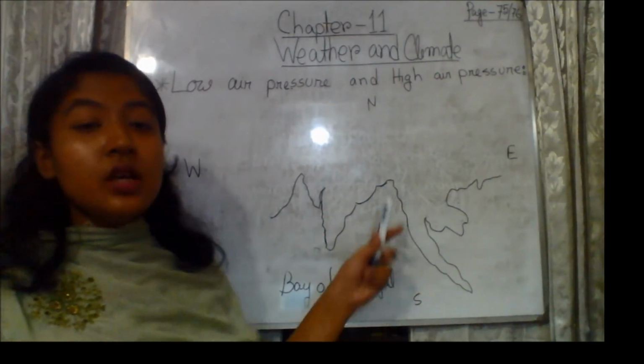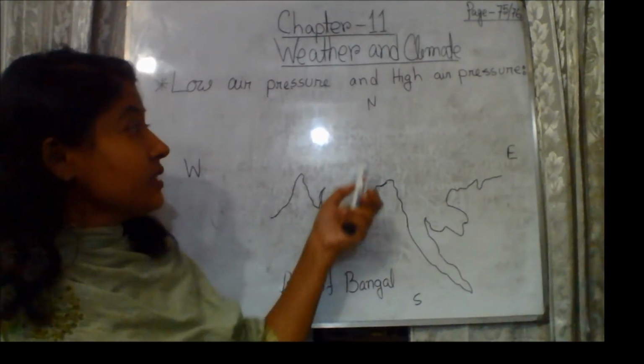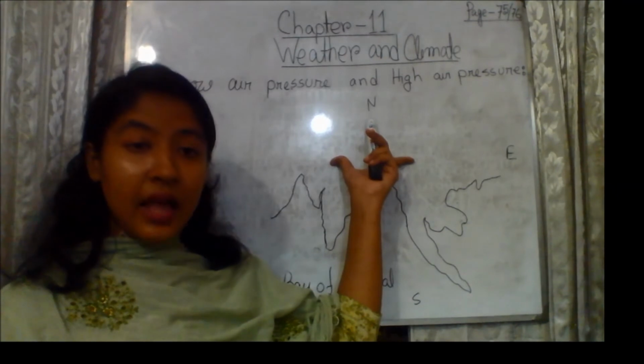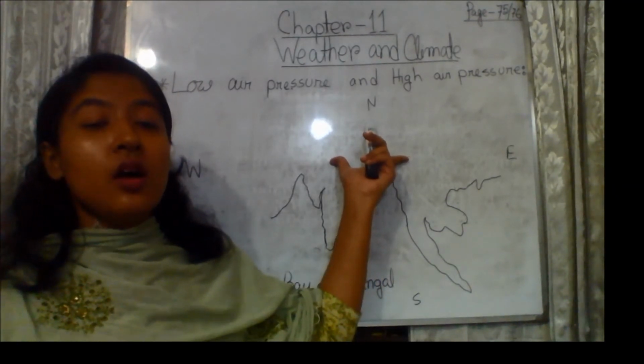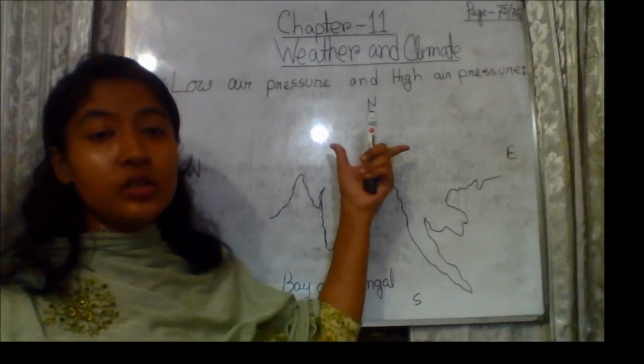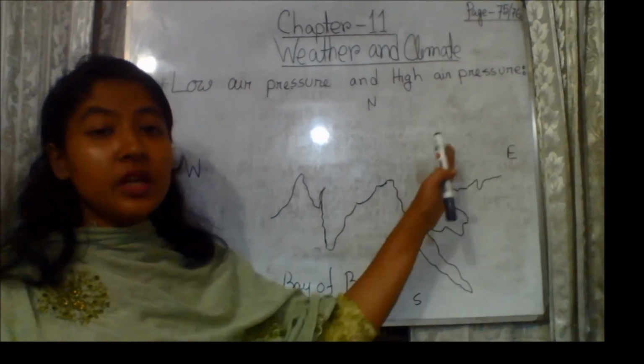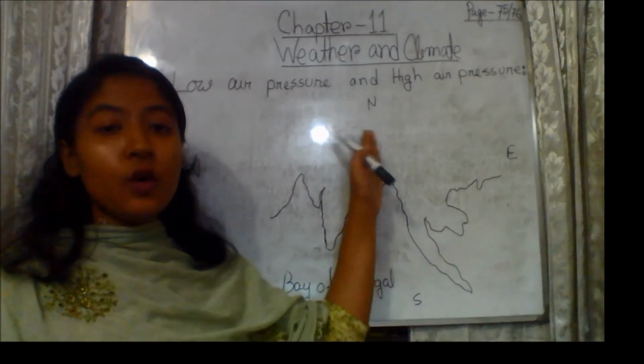As a result, low pressure develops on the land area, as this air is lighter than the surrounding air on the other side, so it rises up to the sky. So here low air pressure develops on this area.